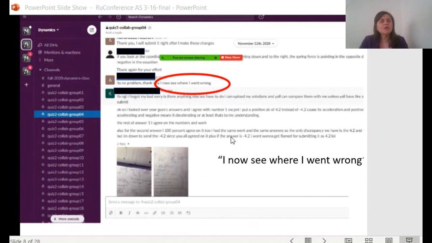But the way I try to do it online is by providing a unique environment, like a very well organized space. As you see, this is an example I extracted from my platform that I suggest students use.